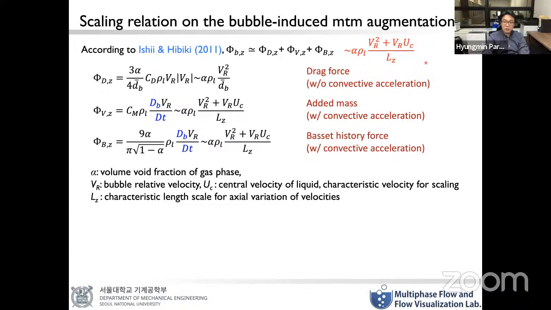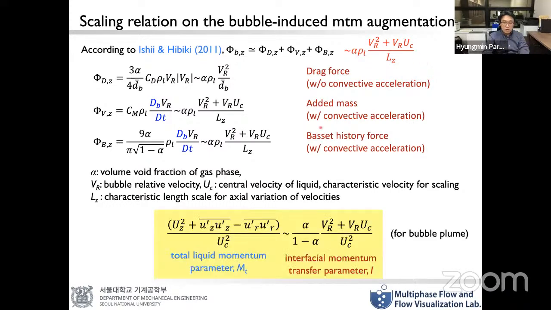Combining this result and the result from the previous slide, you get this. This is what I showed earlier in this talk. On the left, we have the total liquid momentum parameter MT, which we defined like that. That is scaled to this interfacial momentum transfer parameter, which is a function of alpha, Vr, and Uc. And this should be valid for the bubble plume.